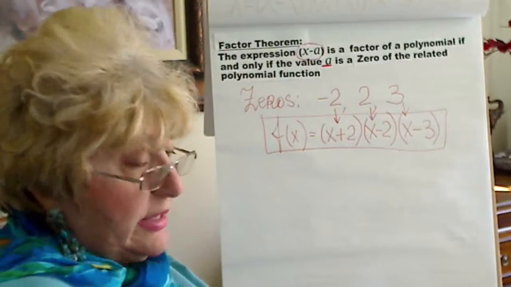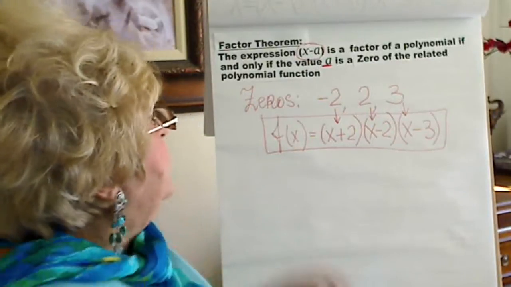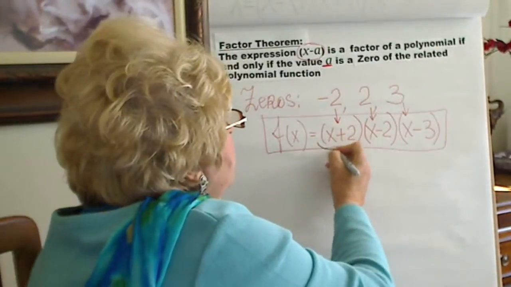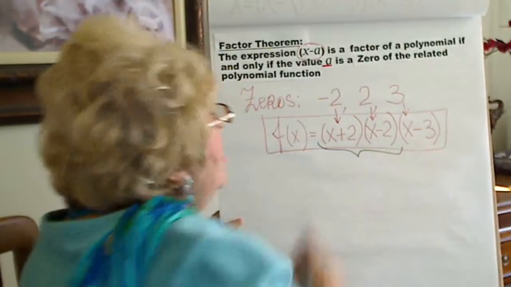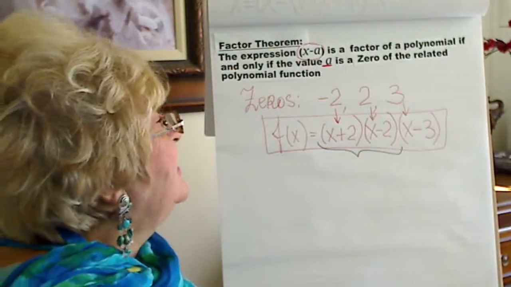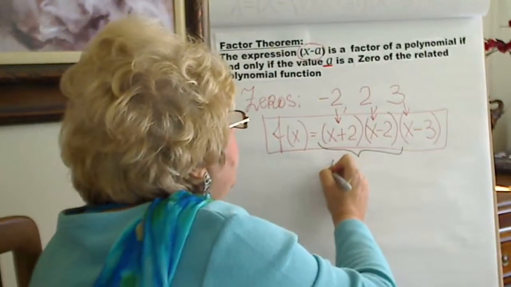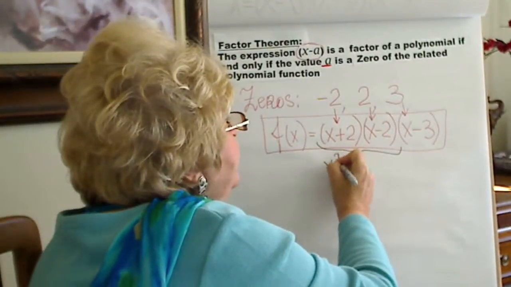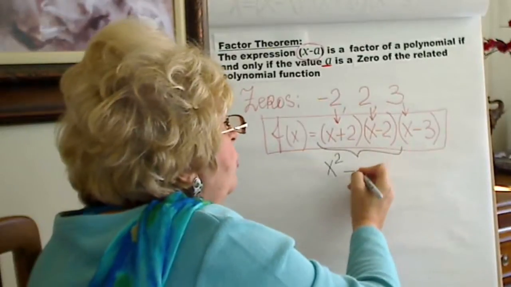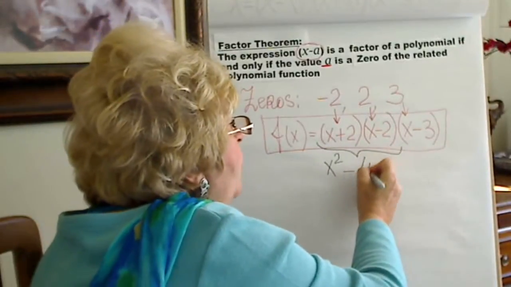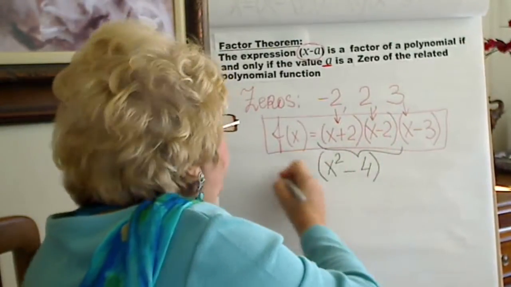First of all, x plus 2 times x minus 2 will be x squared minus 2 squared, minus 4. You remember our formula.